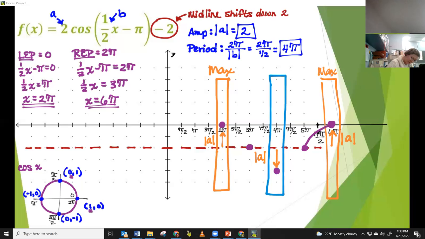That got real wavy. And I can continue this pattern in reverse. Right here at pi, it's going to come down to the midline again. At 0, it's going to go down to a minimum again. And then back here, midline, and then maximum. So that I can get 2 full periods.